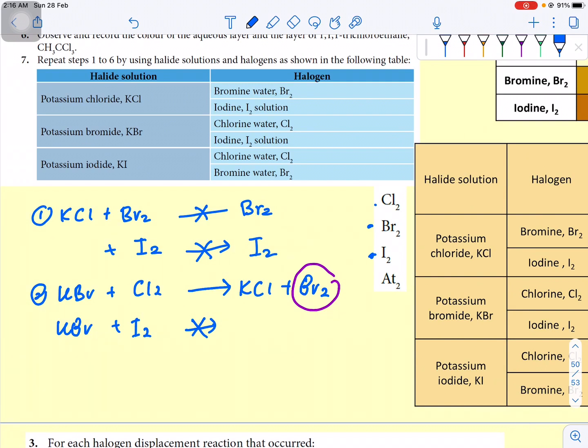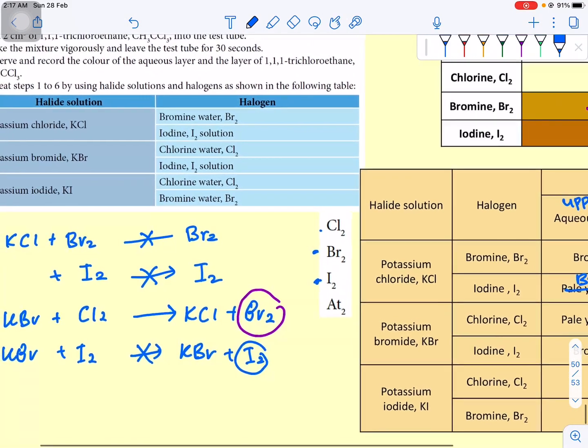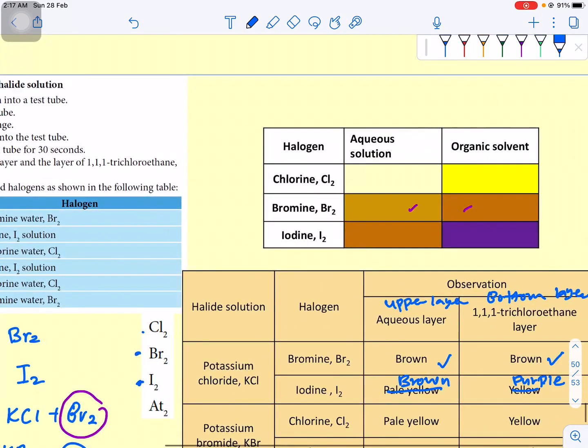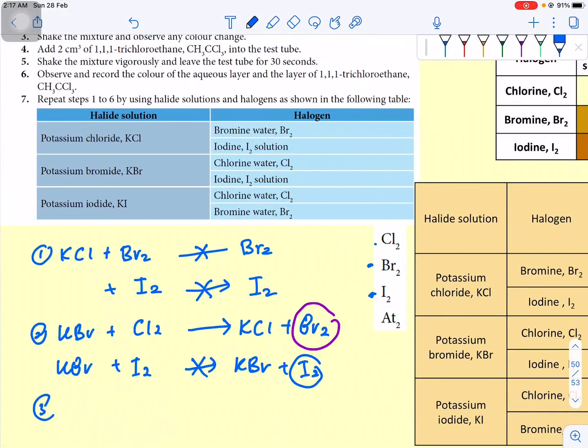So bila cannot, dia akan kekal lah, tak ada produk, dia kekal reaktan yang sama. So bila ada iodine, letak 111 trichloroethane, iodine akan dikesan sebagai brown and purple.